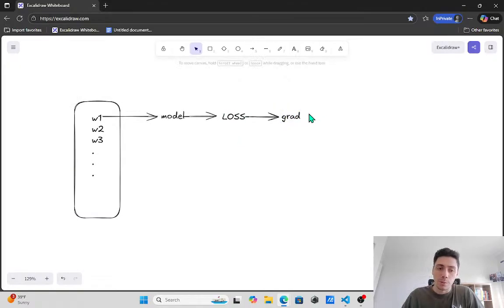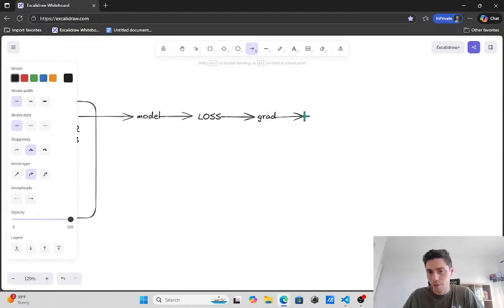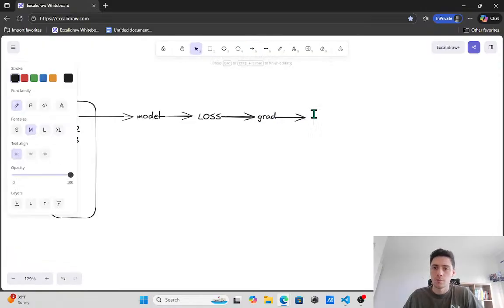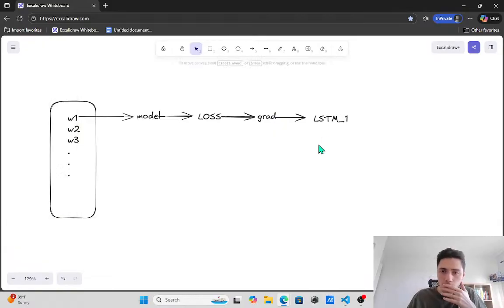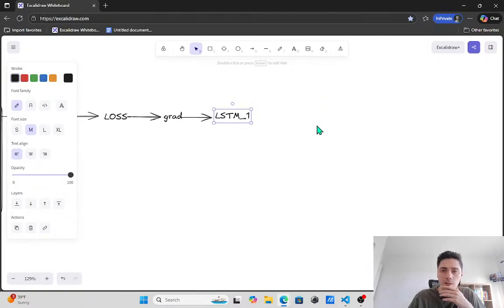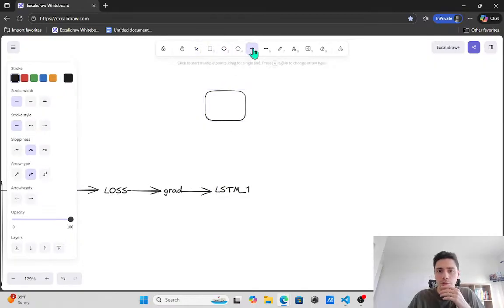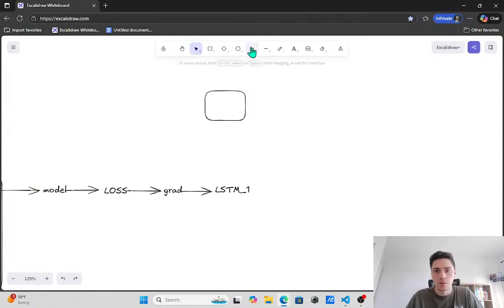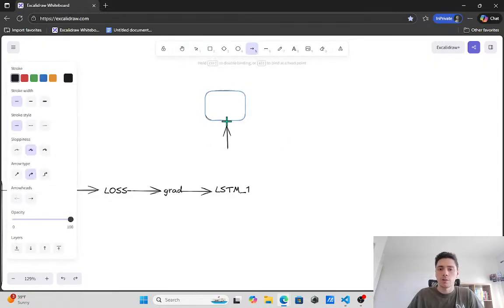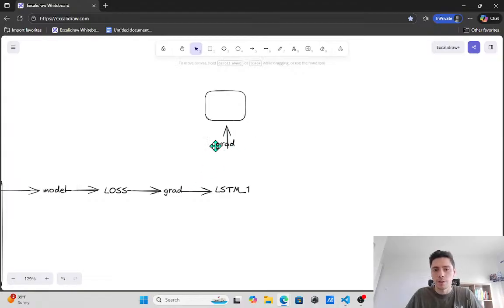So we're at our gradients. The gradients get passed to our LSTM, I guess this would be LSTM 1. We'll define an LSTM quickly. We have an arrow, which would be the input, which is the gradient right here.